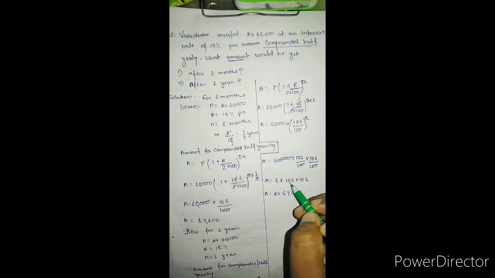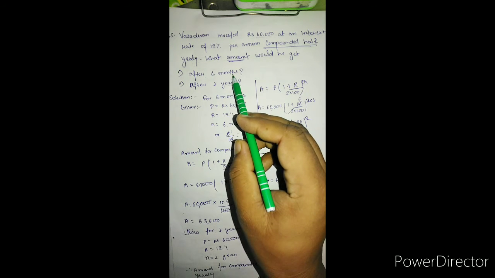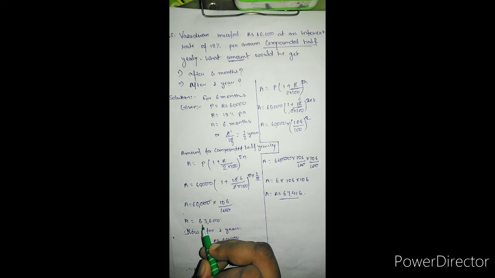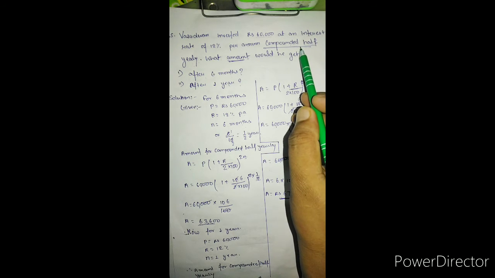When we multiply 6 into 106 into 106, we will get 67,416 rupees. So after 6 months our amount is 63,600, and after the 1 year our amount is 67,416 for compounded half yearly.